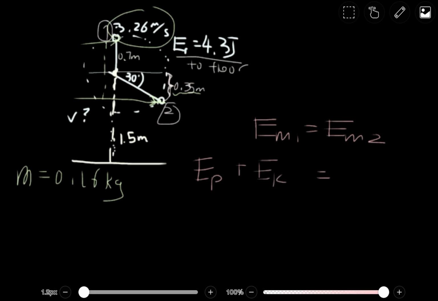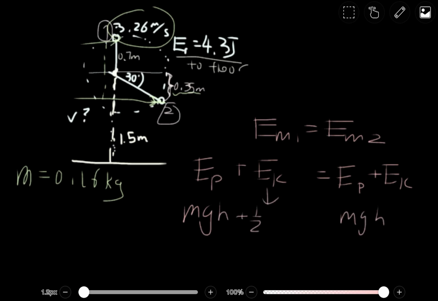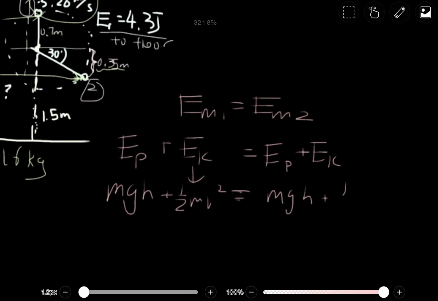EP plus EK is the mechanical energy. Now this time, for mgh and mgh here, you're still going to drag all that down. I'm just doing that really quickly because that part's not too bad.